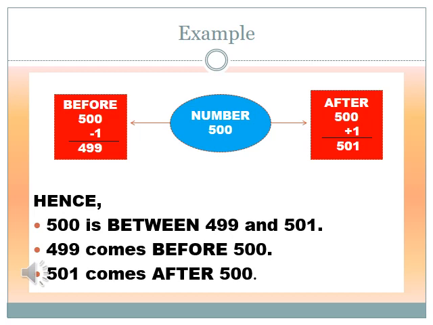Now to get after number, we have to add 500 plus 1 and we get 501. It means 501 comes after 500. Now we can conclude that 500 is between 499 and 501. 499 comes before 500 and 501 comes after 500.